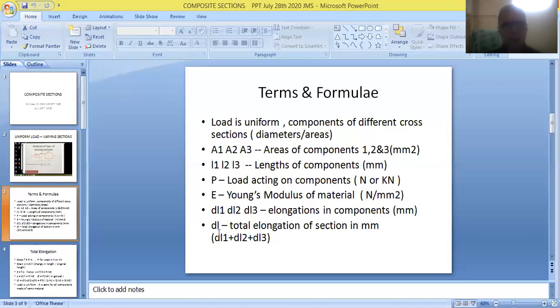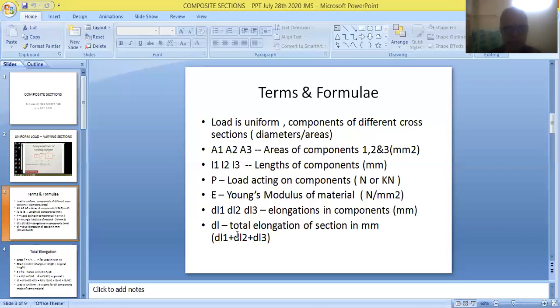And for the total elongation of the section, take the individual elongations and add up all the values, and automatically you will get the total elongation of the section. Let us call it DL, the total elongation: DL1 is the elongation of the first part, DL2 of the second part, DL3 of the third part. So measure the values of DL1, DL2, DL3, add them up, and you will get the total elongation, called DL.